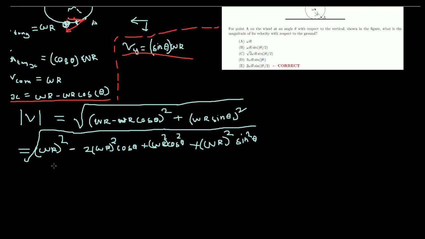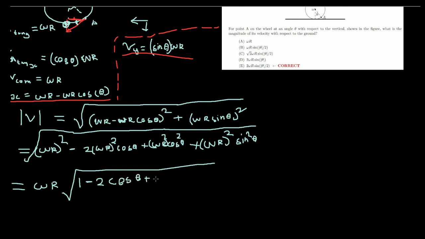Now we can see some common things over here. We just take omega r squared out of everything, and that gives us omega r times the square root of 1 minus 2 cos theta plus cos squared theta plus sine squared theta.